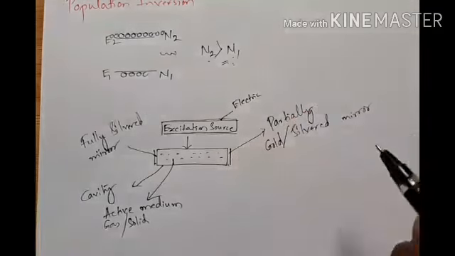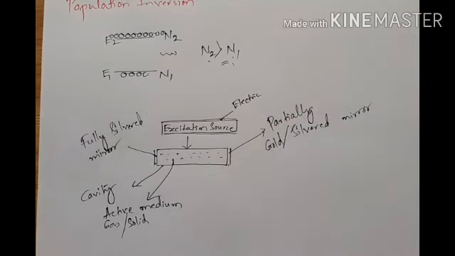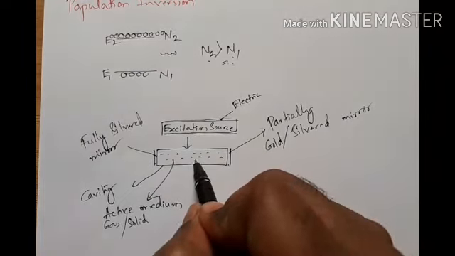You might have seen that most of the lasers we have nowadays use batteries, small batteries or bigger batteries, right? So we can supply the energy, it needs the energy.